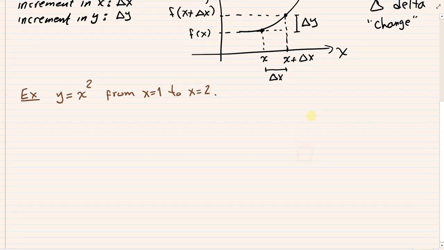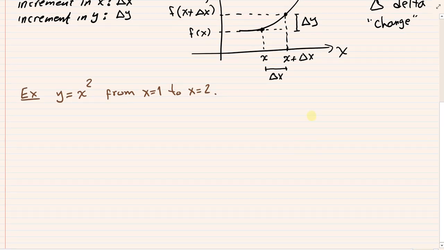Now, I did mention delta x is usually a small amount, the differential of x, but here, just for illustration, I'm choosing a large delta x. So as we go from x1 to x2, we want to find delta y and delta x. In other words, we want to find the increments of x and y.